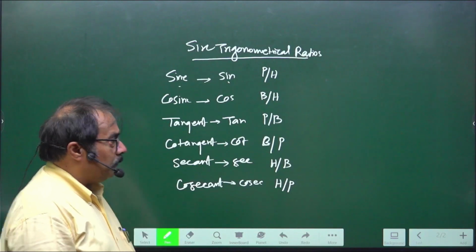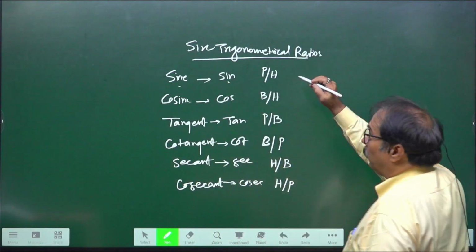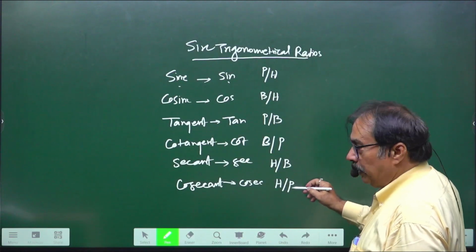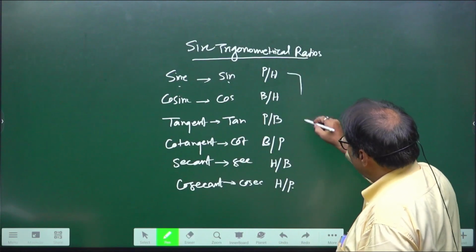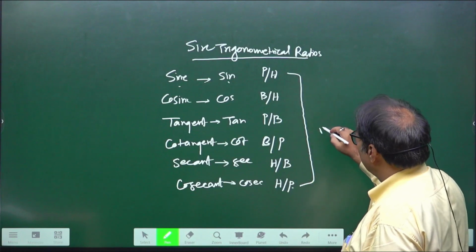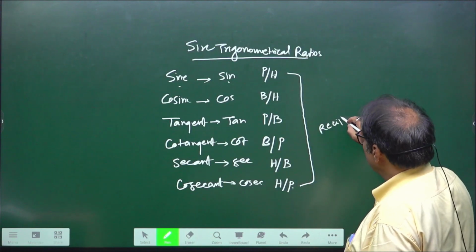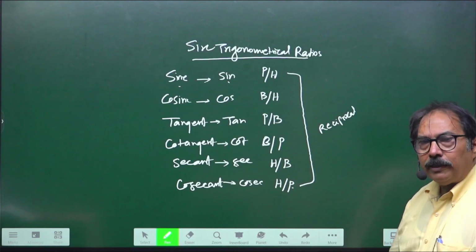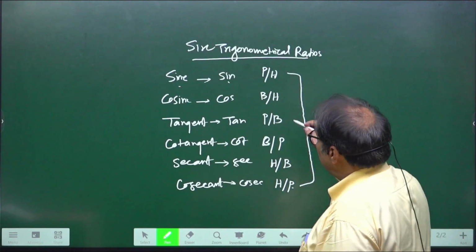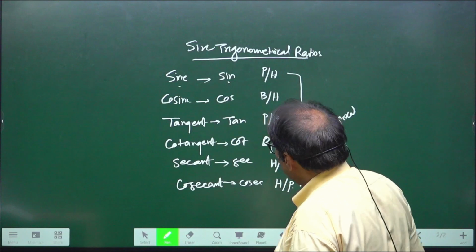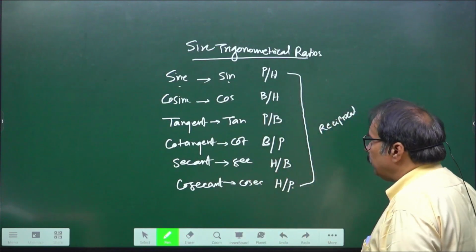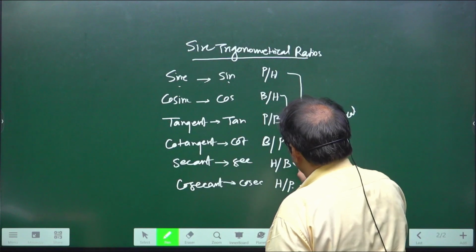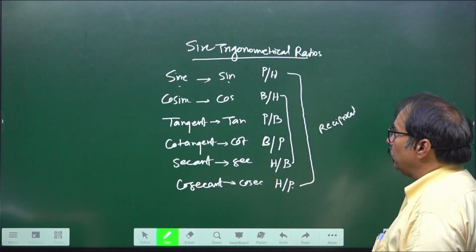And now see, from here we can observe that this is P by H and this is H by P. It means sine and cosecant are reciprocal to each other, right? Similarly, the cos is the ratio of B by H and here the secant is H by B. So cos and secant are reciprocal to each other.